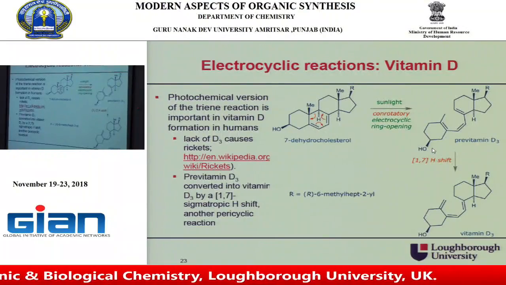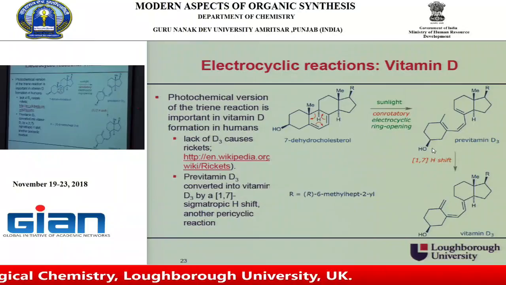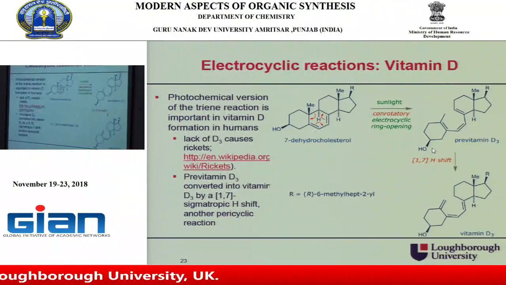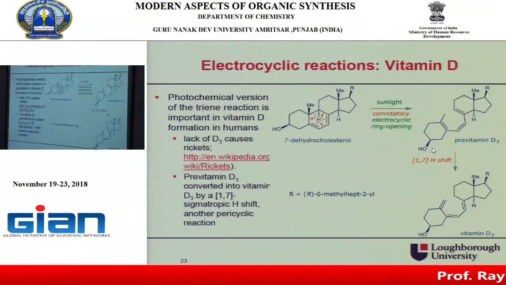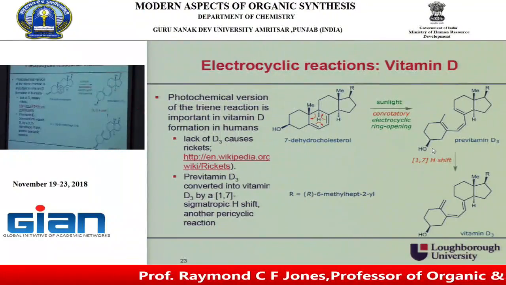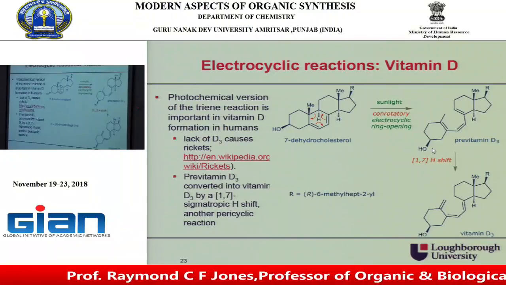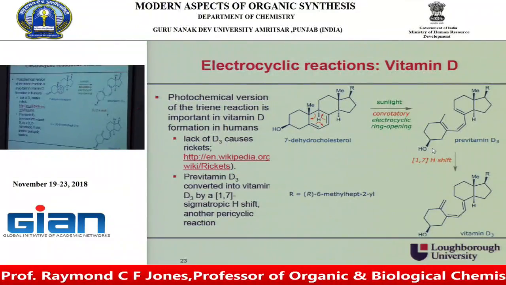But you need to see these to see the difference with photochemical reactions, where basically the rules are always opposite to what you get for thermal reactions, and to see that you can translate the kind of orbital analysis that we've been using into a different class of pericyclic reactions.